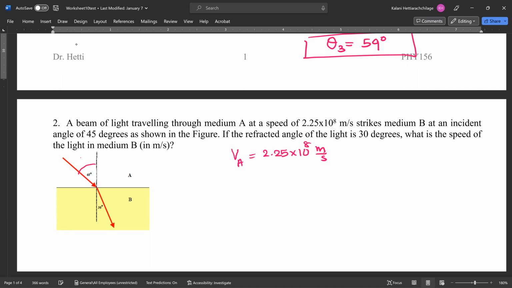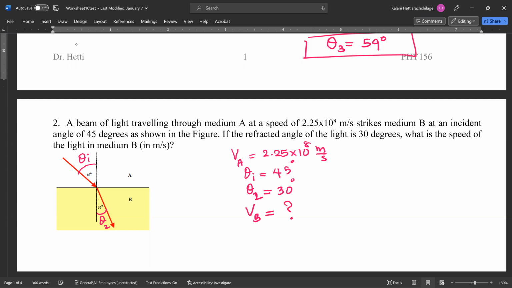So theta incident is equal to 45 degrees as in the figure. If the refracted angle of the light is 30 degrees, theta 2 or 1, it doesn't matter, let's write 2, and that will be 30 degrees. What is the speed of the light in media B?